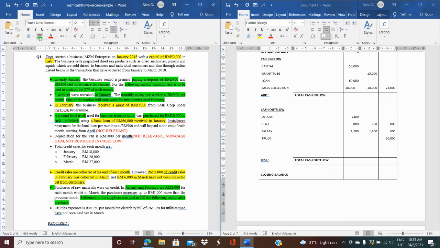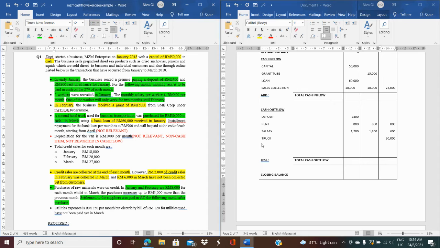And for March it will be settled in April. For March purchases, although it's stated here, it's not relevant for the preparation of the cash flow. So you're not going to look at this. You do not need to calculate because this is straightforward.